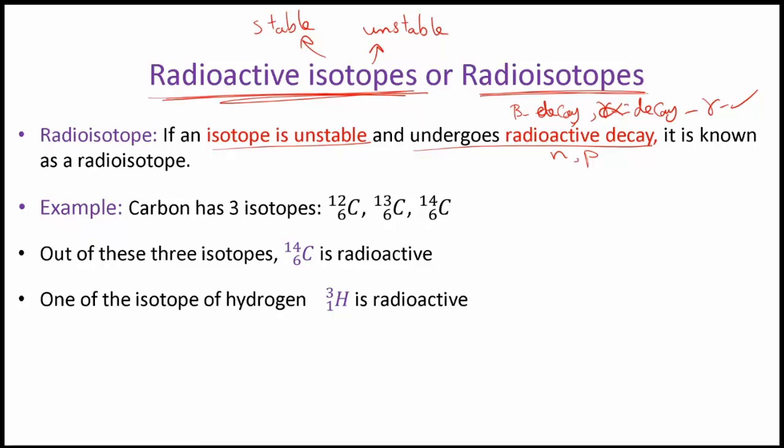So there are many ways to relax the unstable isotope. Usually the most common, the element or the isotope produces a beta particle or alpha particle associated with gamma decay or gamma emission.